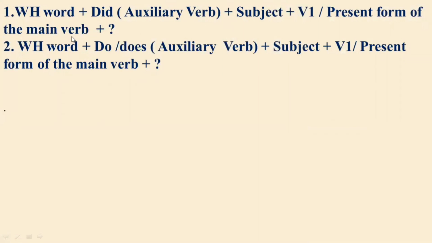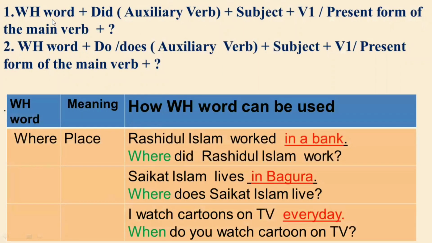Here you can see two structures. Structure 1: WH word, did as an auxiliary verb, plus subject plus V1, the present form of the main verb, plus question mark.